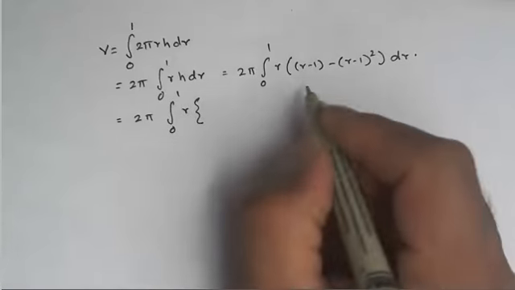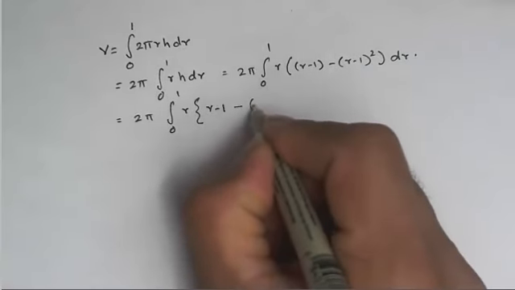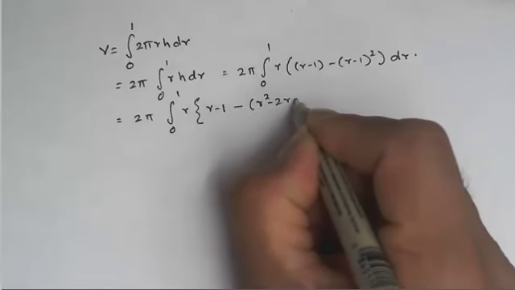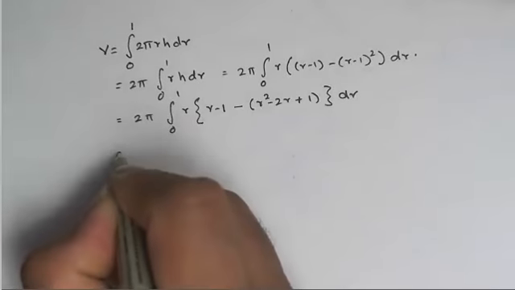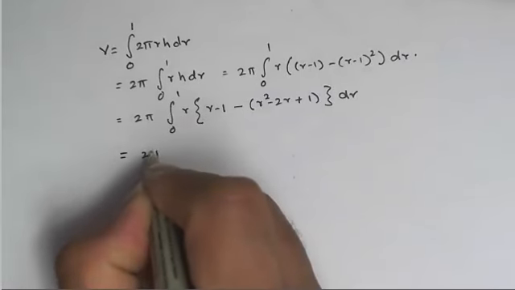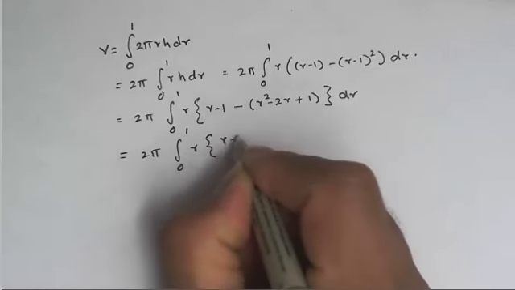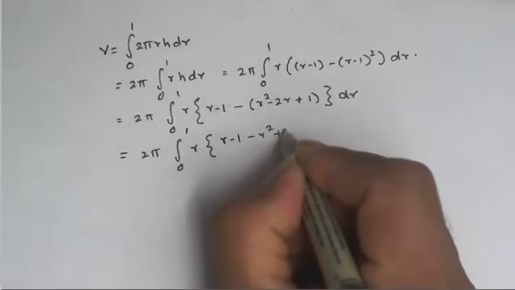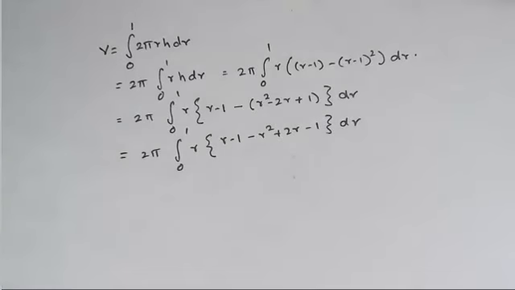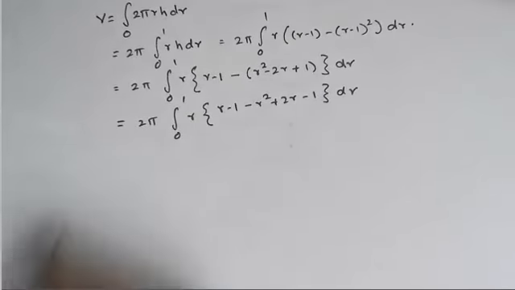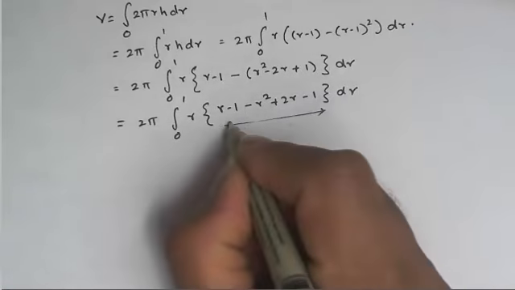So let me just try to do it in a very simple way. Let me expand everything in here: r times (r minus 1 minus (r squared minus 2r plus 1)) dr, which is r times (r minus 1 minus r squared plus 2r minus 1) dr. And let's see if we can simplify this.